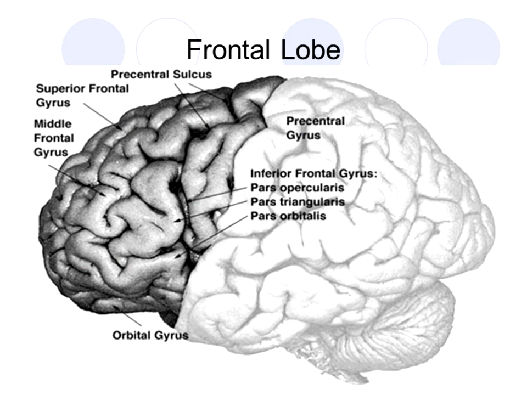And here's the frontal lobe again, and you can see them pointing out structures of the frontal lobe: a precentral sulcus, superior frontal gyrus, middle frontal gyrus, inferior frontal gyrus. That consists of these three things: opercularis, triangularis, orbitalis. And here is the orbital gyrus, where we have problems with inhibition of inappropriate behavior when there's damage there.